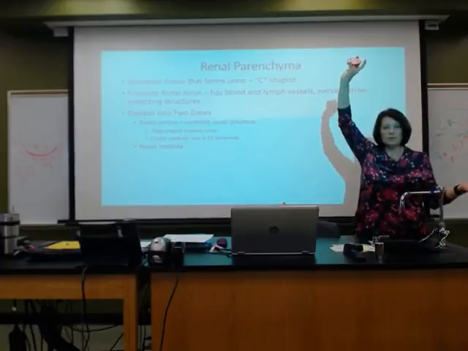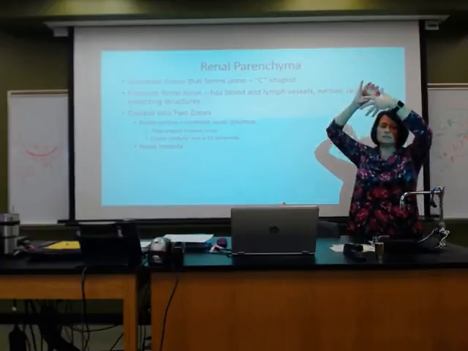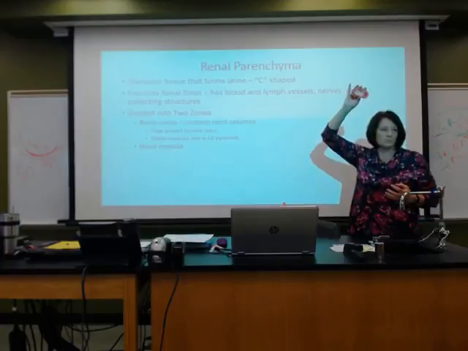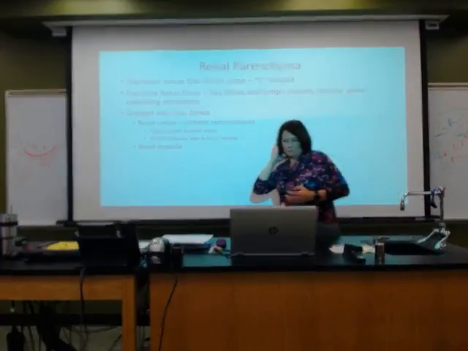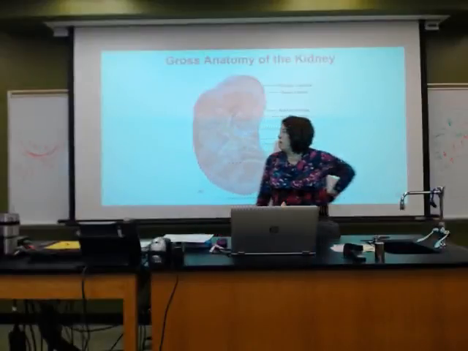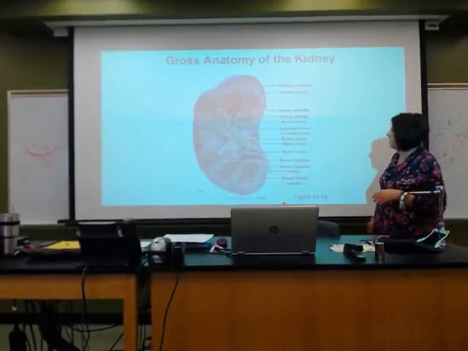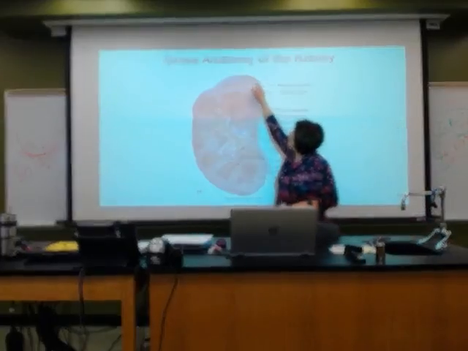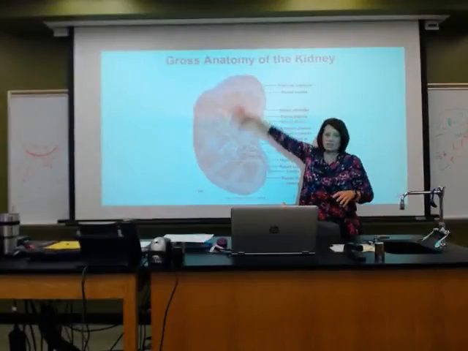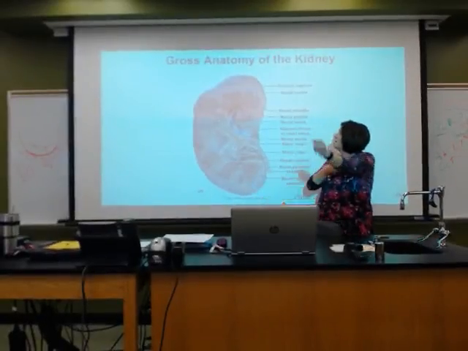Okay? So we've got our cortex, we've got the medulla. We've got our fibrous capsule that will surround it, and then all of the other structures on the outside of that.